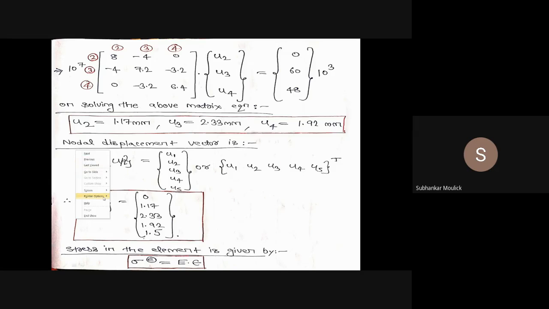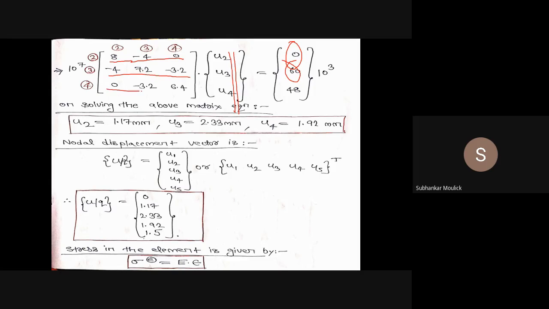I am having three unknowns, U2, U3 and U4, and I am having three equations. So if you solve for the second row, it will be this row into this column equal to this value. For the third row, multiplication of this third row into this column will be this value.